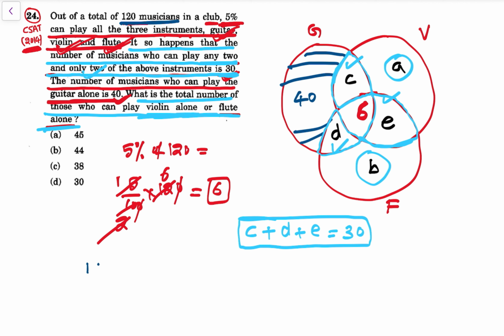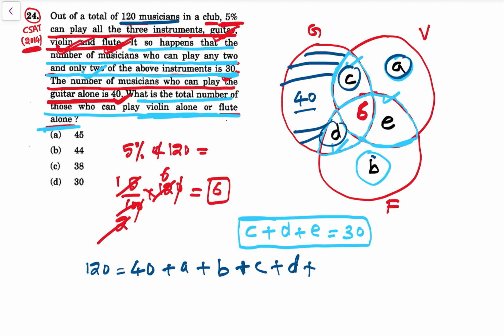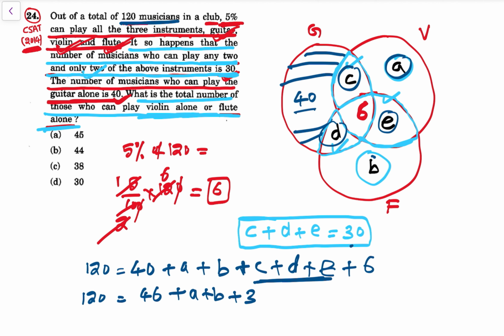So 120 is equal to 40 plus A plus B plus C plus D plus E plus 6, that is 46 plus, since C plus D plus E is 30, A plus B plus 30.